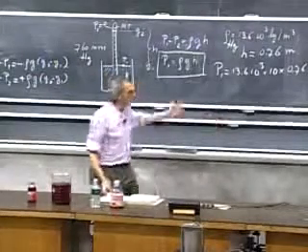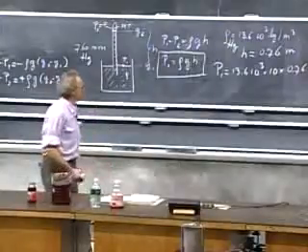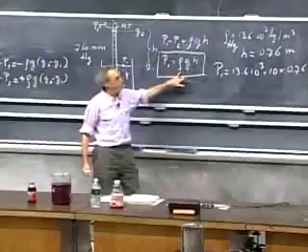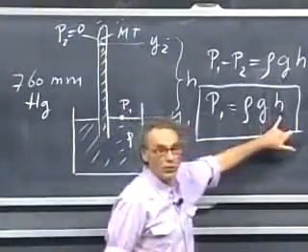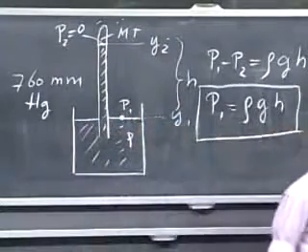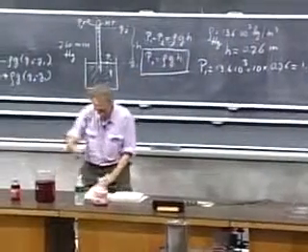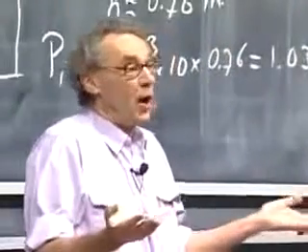Now you can do the same experiment with water, or as we tried to do it with cranberry juice. The density of water is 13.6 times lower than that of mercury, so the column has to be 13.6 times higher than 76 centimeters, which is about 10 meters. So you would have to raise this thing up to 10 meters before you would see the break, but then you've built yourself a water barometer.